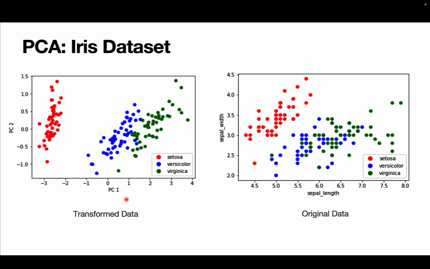In this graph, we plotted the transformed data using the first two components and contrasted with the original data plotted against the sepal length and the sepal width. So as you can see, the Setosa species become even more separated, and the versicolor and virginica are less intermixed.